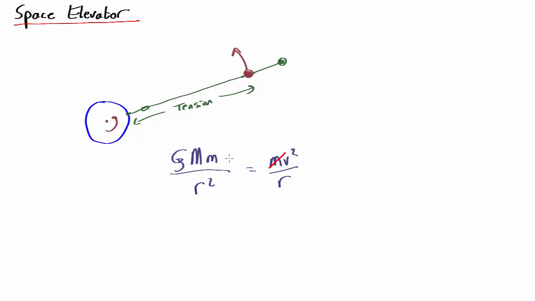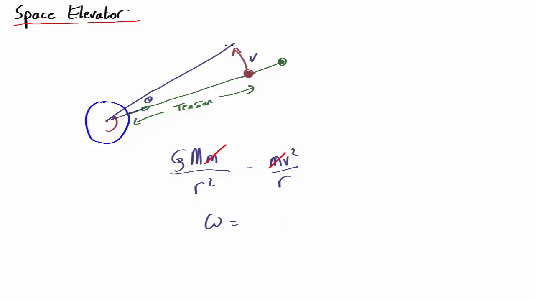So the mass of the object cancels. Now, how far out do you need to be to go around once every 24 hours? Well, the best way to do that calculation, instead of using the velocity v, is to use the angular velocity, which is the change in angle, theta, per unit time. So angular velocity omega equals the rate of change of theta.